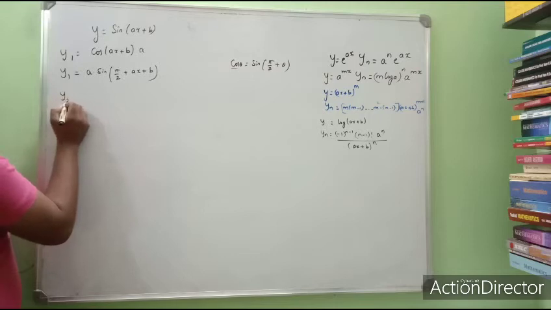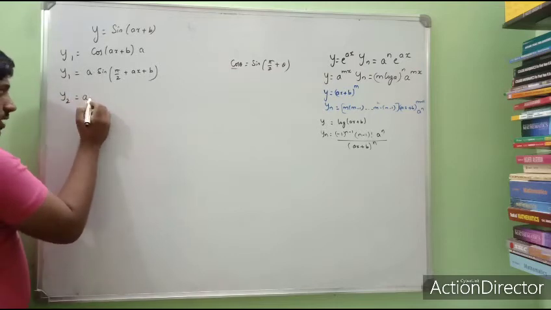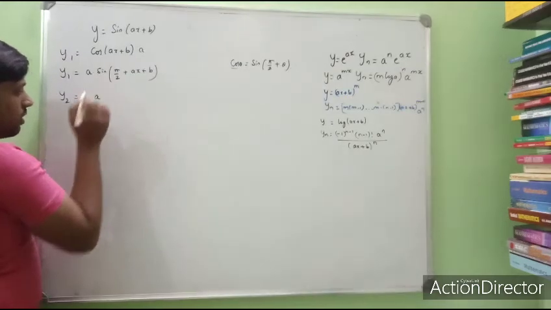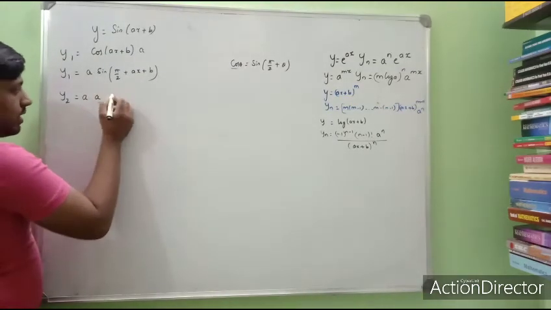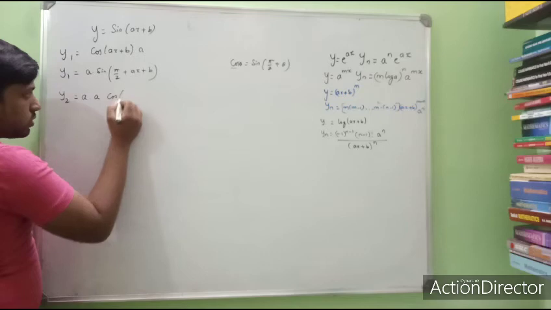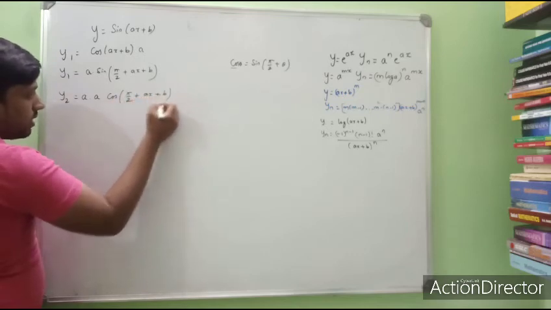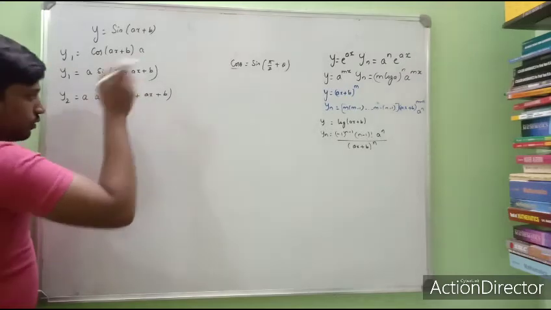So next, the second derivative I am going to do. A we already have, another a will come when we differentiate this. So I will write that. Again for sine it is going to become cos of pi by 2 plus ax plus b, right? So now again I am going to change.